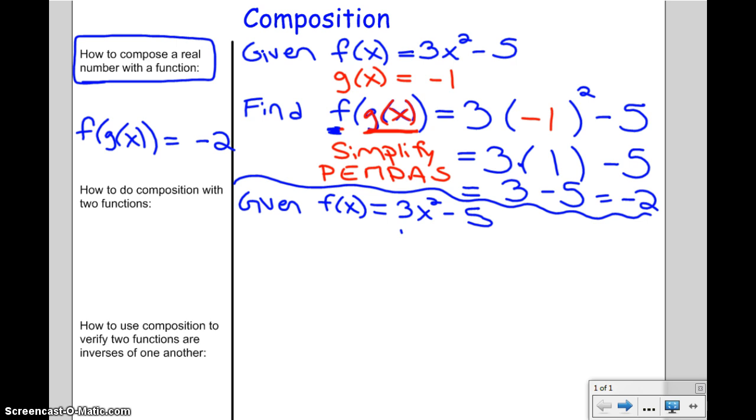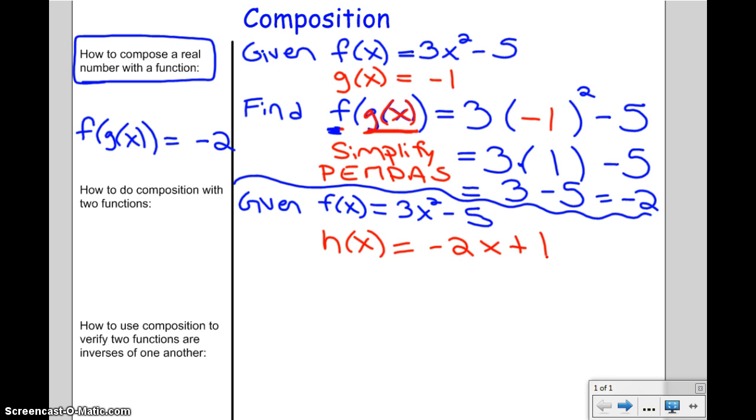Instead of being g, because g already has a definition, I'm going to say h is another function. And let's say h is negative 2x plus 1.